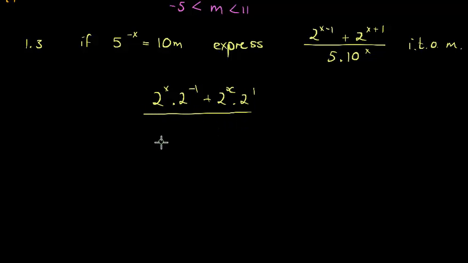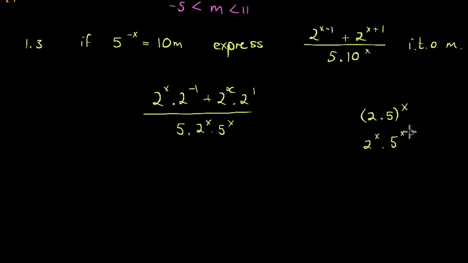I'm prime factorizing, just writing it as factors. 5 can't go any further, and this 10 to the power of x can be 2 times 5 to the power of x, but be very careful. This is in brackets. 10 has an exponent of x, so it means 2 has an exponent and 5 has an exponent.